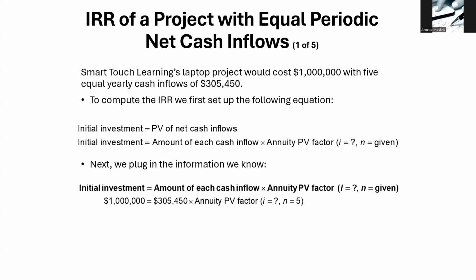First, the internal rate of return is the interest rate that makes the cost of the investment equal to the present value of the investment's net cash inflows. So we set up the equation to set the initial investment equal to the present value of the net cash inflows.